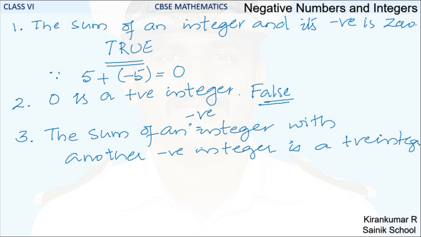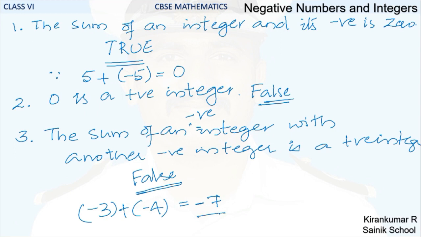Is this statement true? You should say the statement is false. The reason is when a negative integer is added to one more negative integer, they become like integers. So absolute values are added and the same sign is taken forward. So minus 7. It's a negative, not positive. Therefore, the given statement is false.